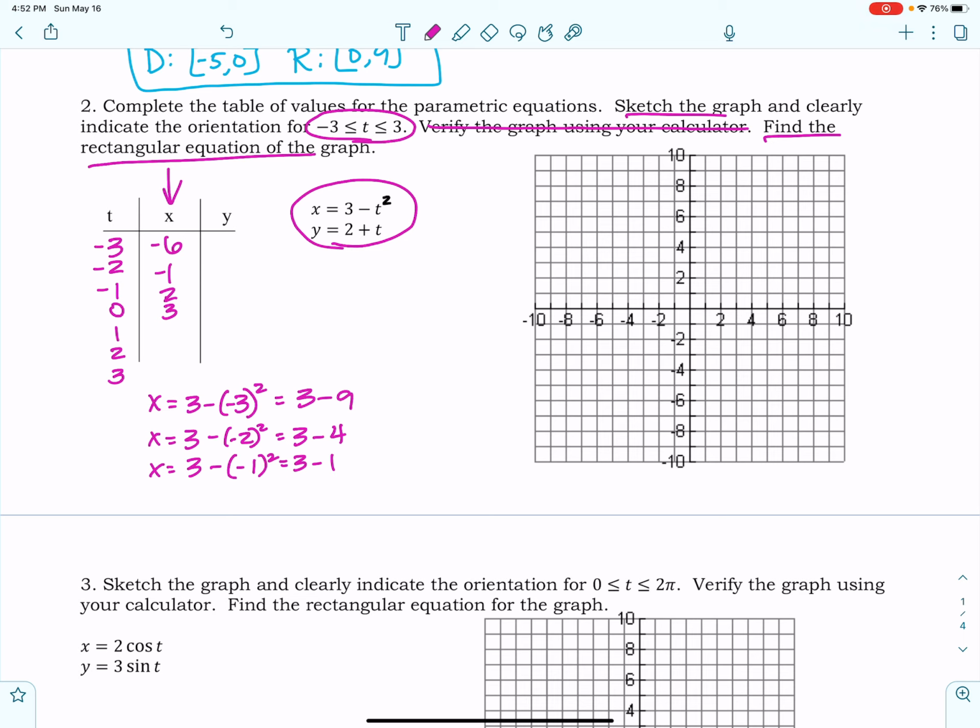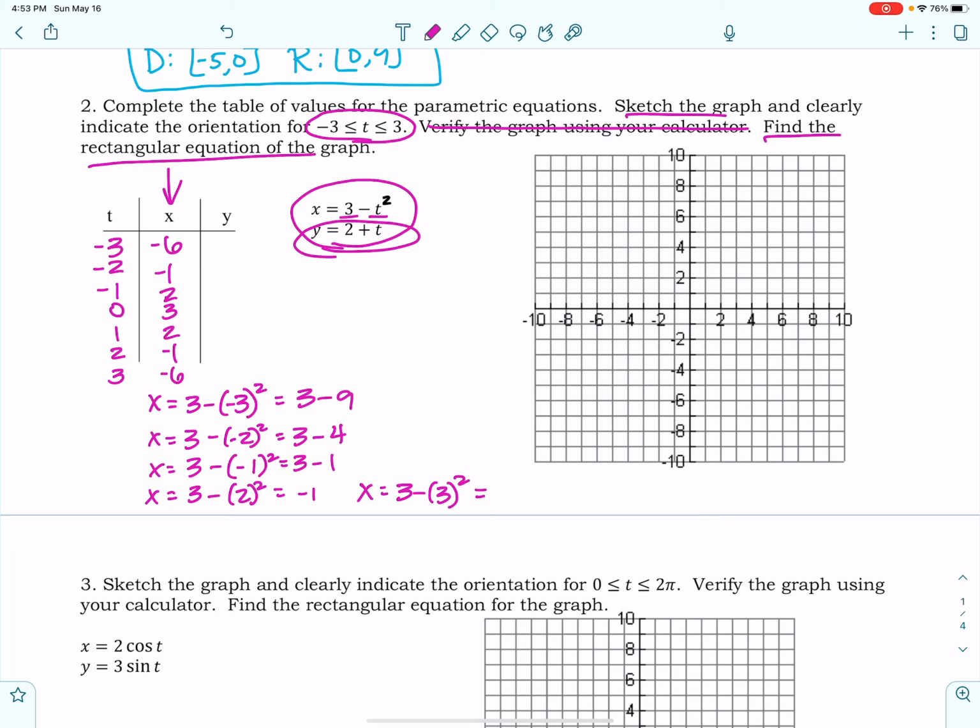And then at 1, I would have 3 minus 1 squared, so that's going to give me 2. 3 minus 2 squared would give me 3 minus 4, so 3 minus 4 is -1. And then, of course, I'm going to have 3, so x is equal to 3 minus 3 squared, so that's going to be -6 again.